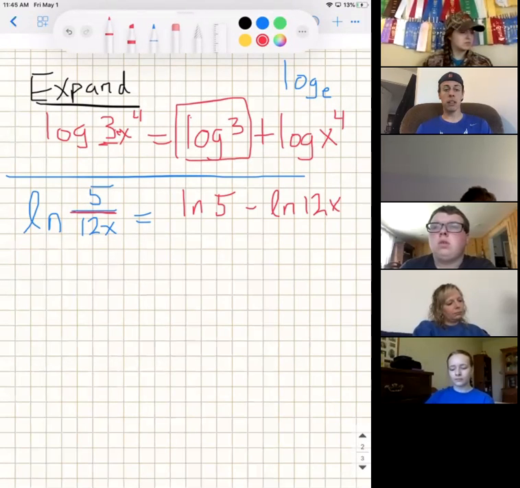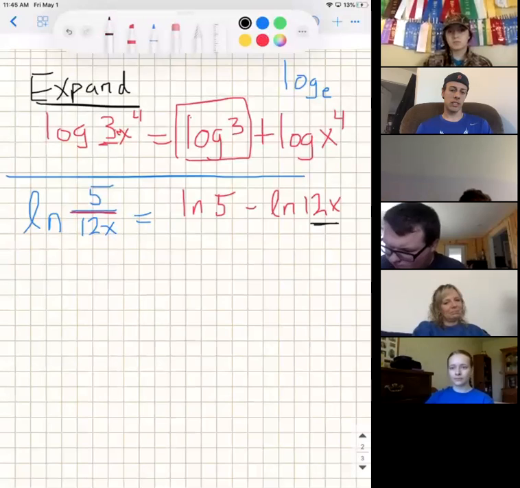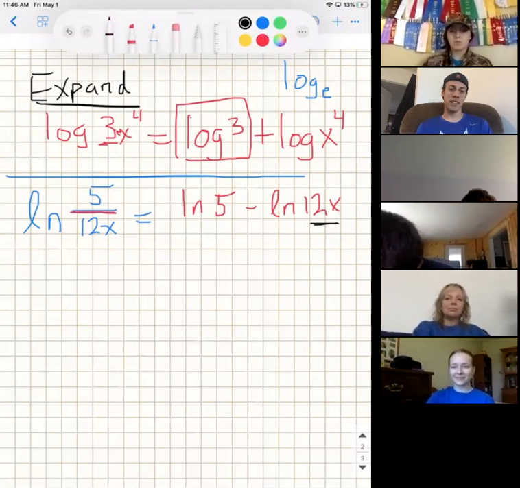Did anybody do anything differently? No. Head shaking. Let me draw your attention to something. What's going on here with this 12x? Isn't it 12 times x? Eliza's smiling. I think she picked up on it.